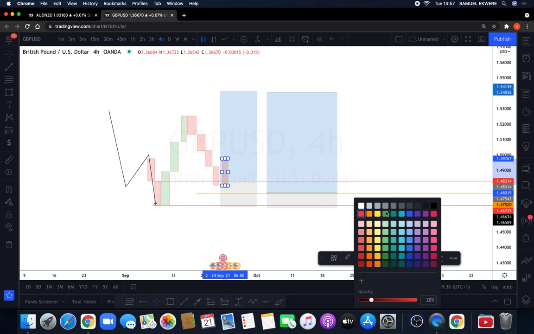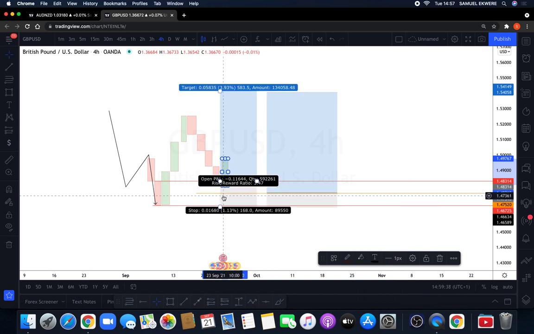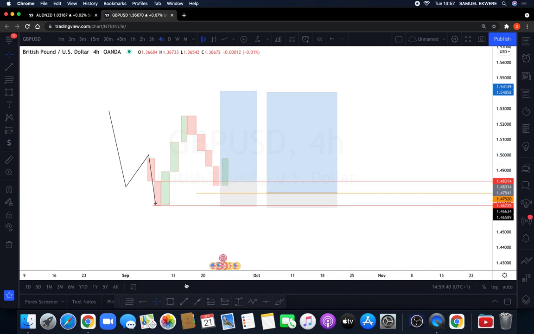Now remember, they got to this area, right? So they are going to leave a wick right here.